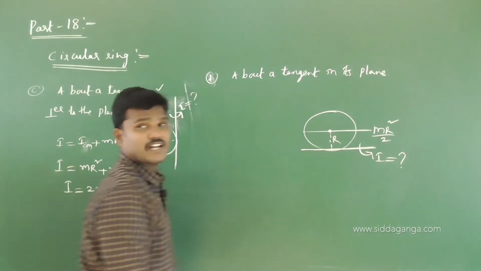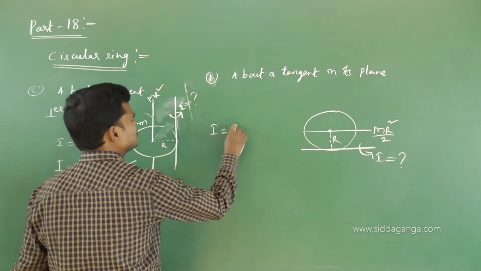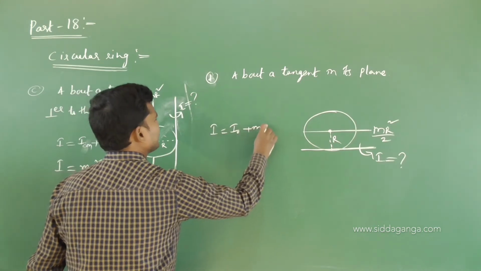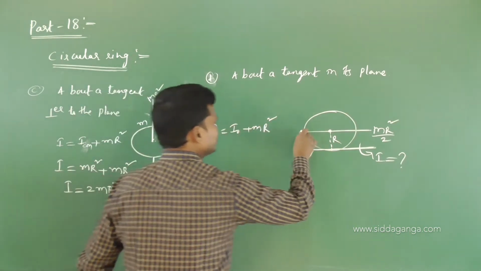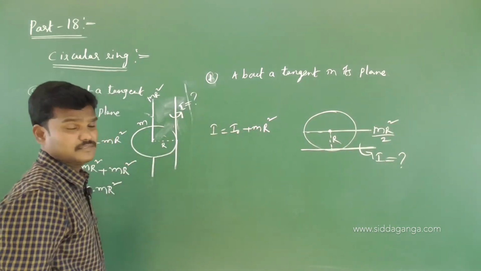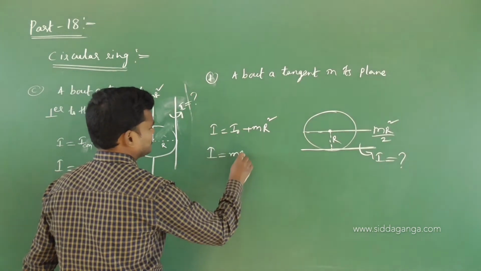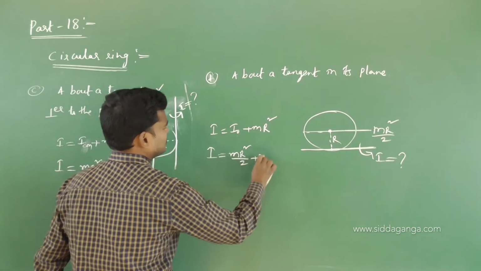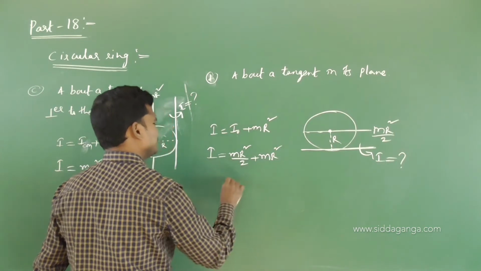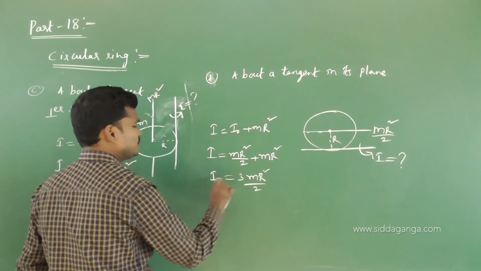Again apply the parallel axis theorem. I is equal to I naught plus mR square. This I naught is the axis passing through the center of mass, about the diameter. So this is mR square by 2 plus mR square, which is 3mR square by 2.